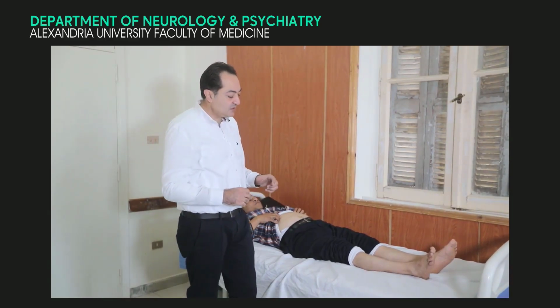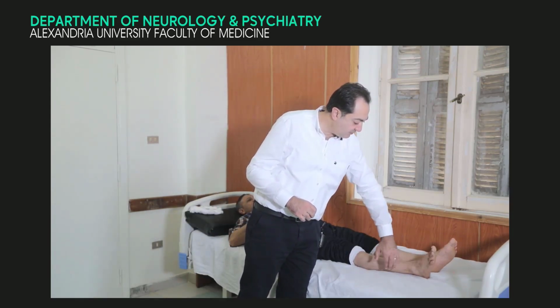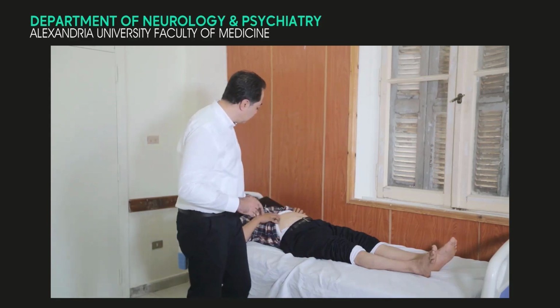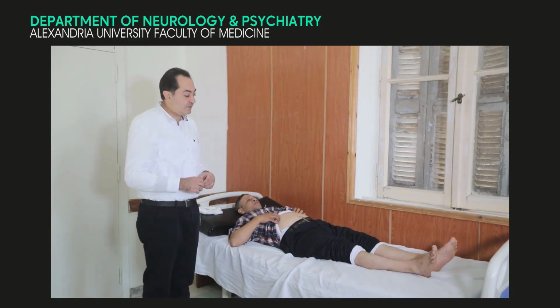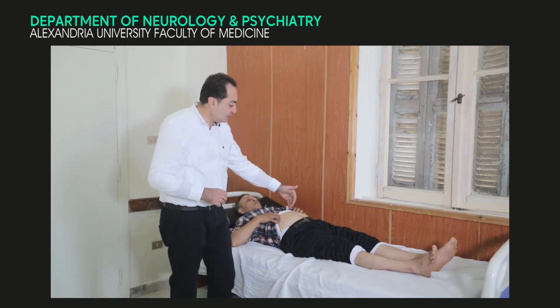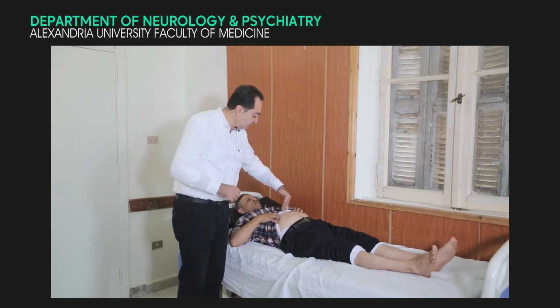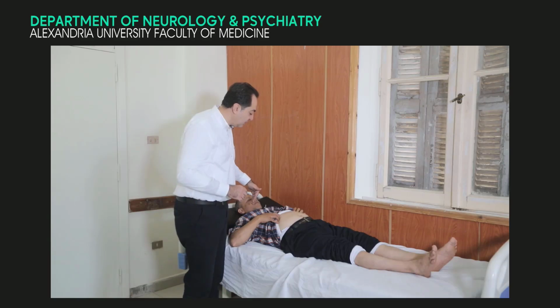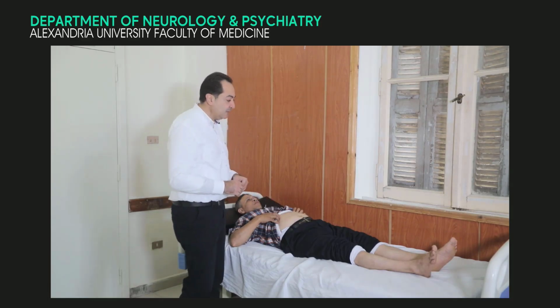If we have certain root affection, for example L4, L5, C6, C7, this is a radicular affection. If we have hypoesthesia all over the lower part of the body, and sensation starts from this area and upwards, this is a sensory level, which occurs with spinal cord lesion.